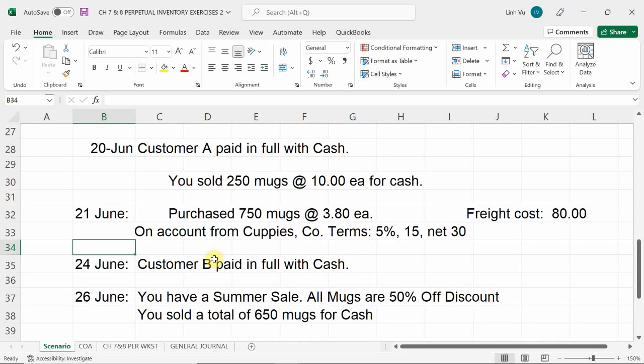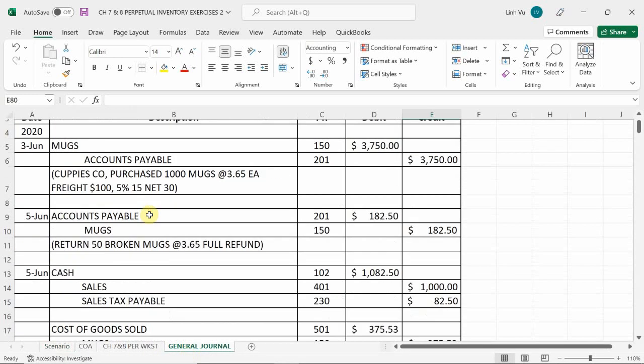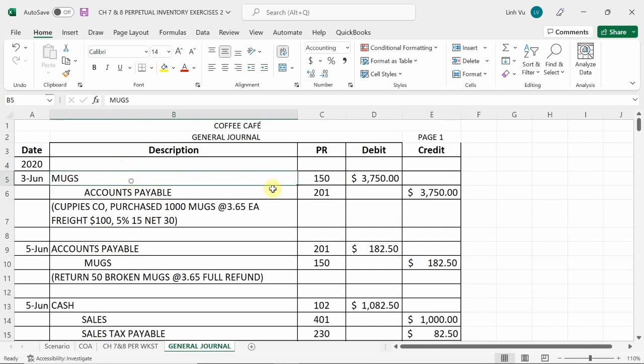So in this case, on June 21st, we made a purchase of inventory for 750 units at $3.80 with a freight of $80.